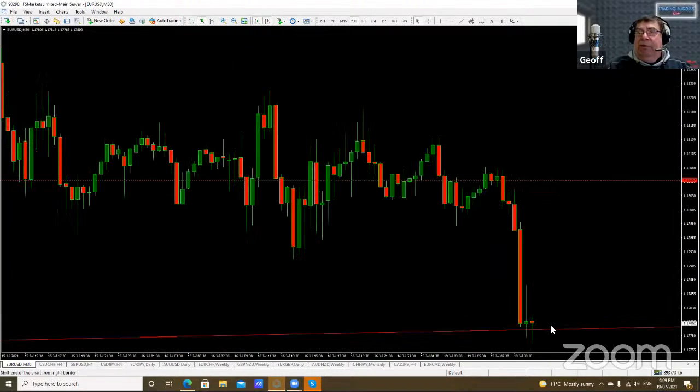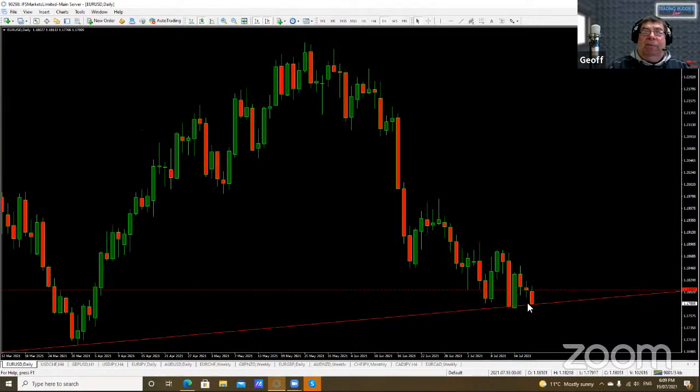So support trade line through here somewhere later in the day. Look for that to become a false break, and I think you can trade it back to this level here, on shorter time frames. But either way, short or long, I think this is a really good place to trade from.